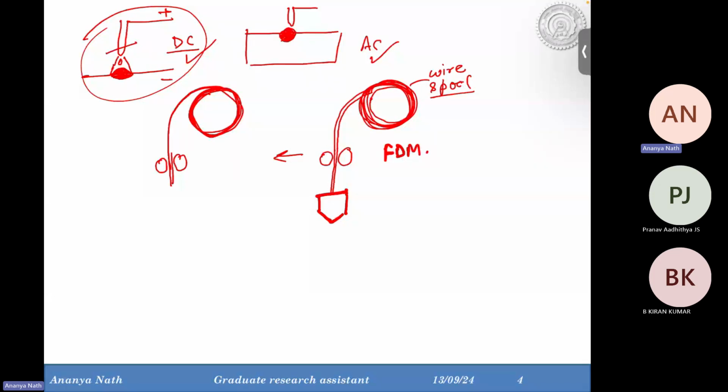Also, to maintain the feed rate, this type of pinch roller mechanism is used in WAM processes as well. So it's almost the same, but here there are some electrical connections with it, so that we can make the wire an electrode, and then it will come to the build plate. Here inside it there will be the electric connections. This is WAM. It's almost the same.